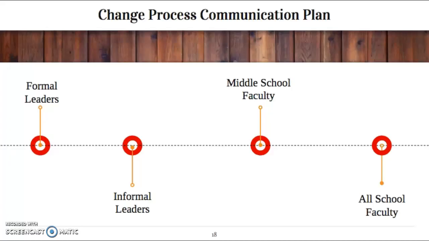In using Kotter's 8-step change model, communicating the need for change will be broken down into 4 subgroups. This includes formal leaders at TIS, informal leaders at TIS, middle school faculty, and all school faculty. As an emergent leader, I have broken down communication this way in order to align with the dual operating system that TIS operates from.